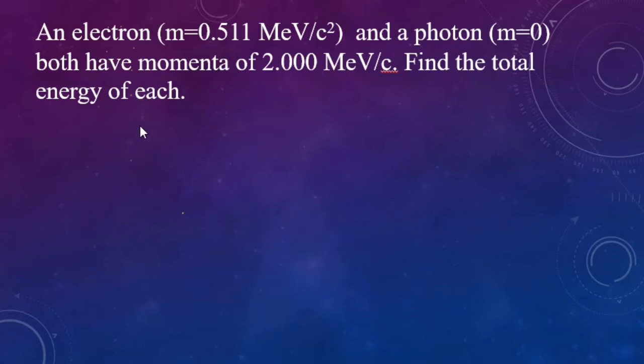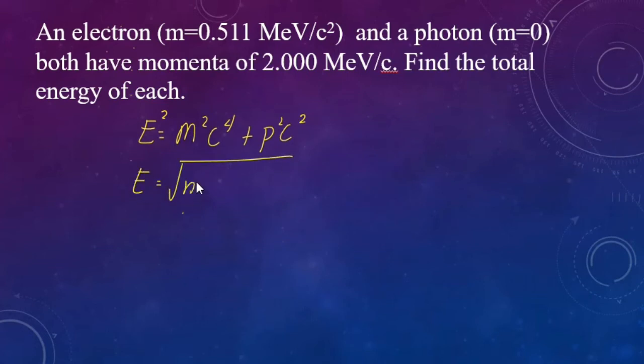Based on our derivation, E squared equals m squared c to the fourth plus p squared c squared. So we can now have energy equals the square root of m squared c to the fourth plus p squared c squared.